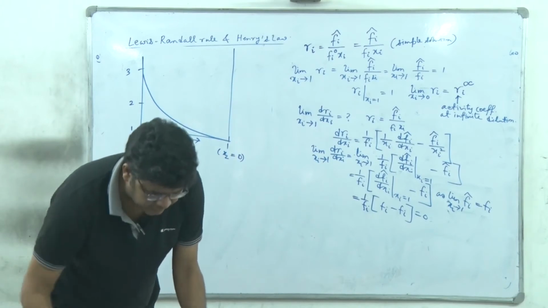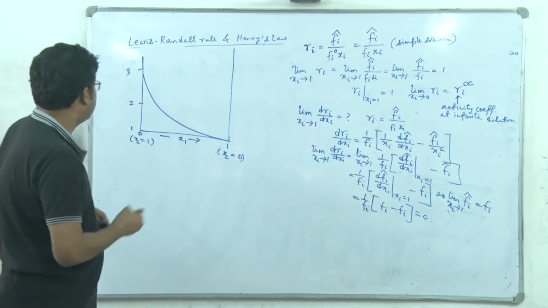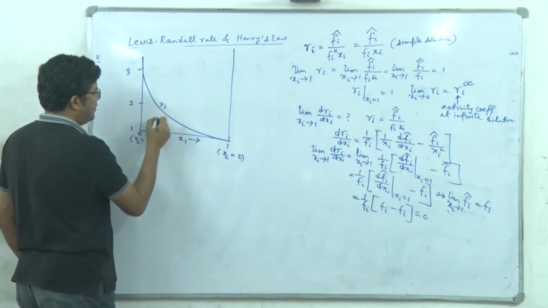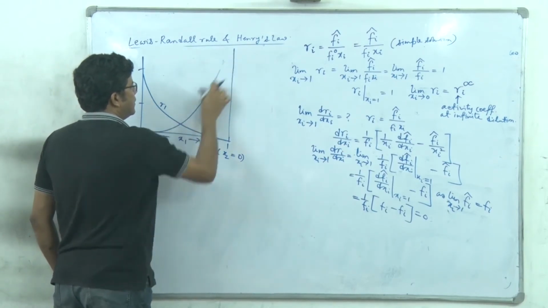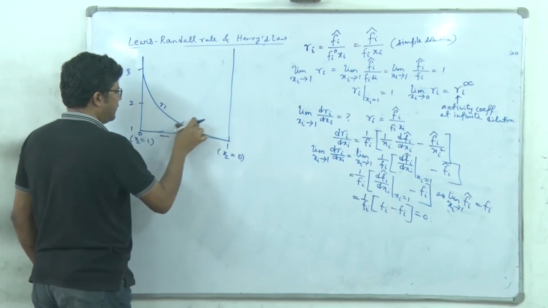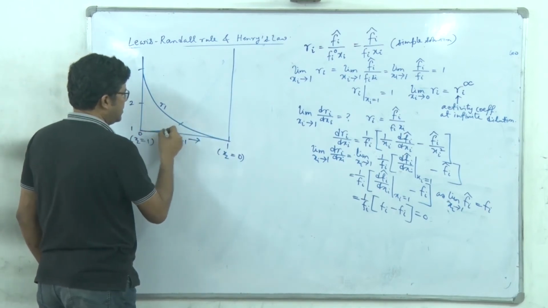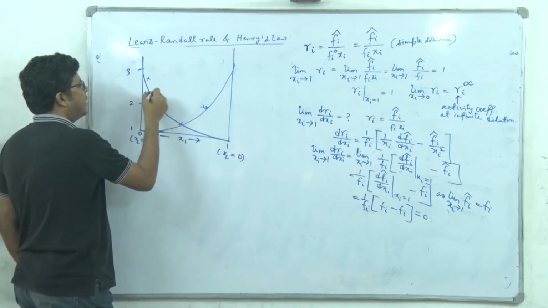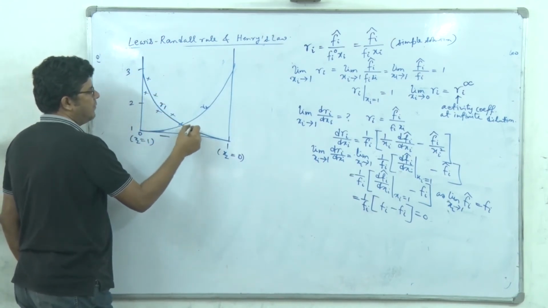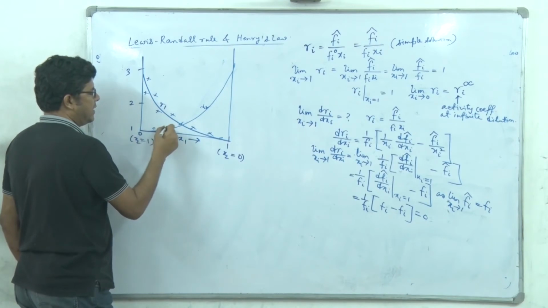Yeah, this is a plot for gamma 1, not ln gamma 1. This is a plot for gamma 1. And this is the plot for gamma 2, right? And actual data points, what we have found experimentally, are like this.